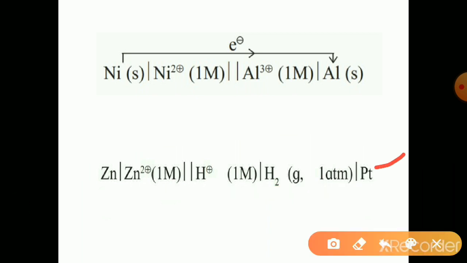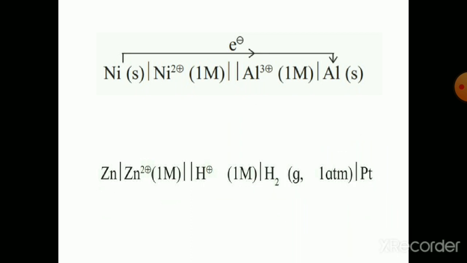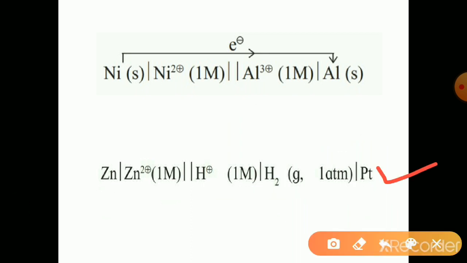Reduction of hydrogen ions takes place to form hydrogen gas that gets released on the platinum. There should be some surface area for this reaction to occur, and that is given by the platinum.